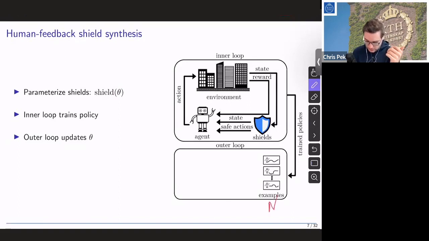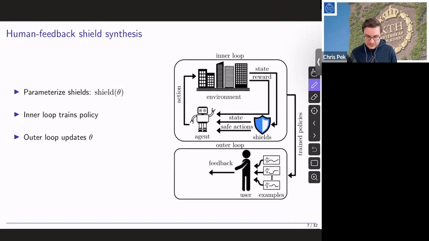And these n rollouts are examples that we want to show to the human that are expressive enough that the human can understand different properties between the rollouts. That could be the distance to humans in the environment, it could be the velocity, and it heavily depends on the application. But given these examples, the user gives us feedback so that we can update the parameter of the shield.